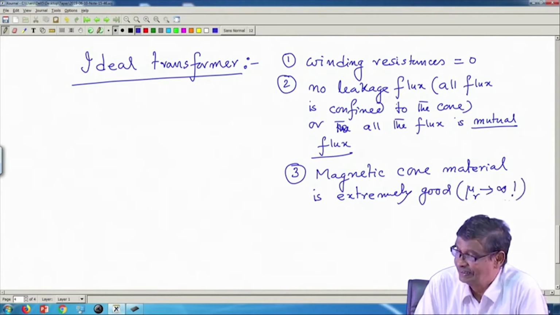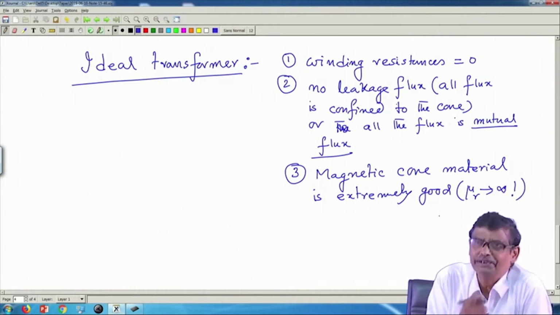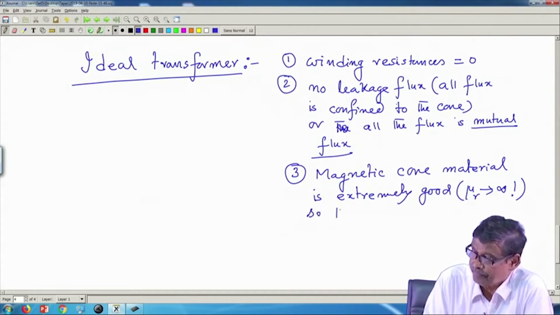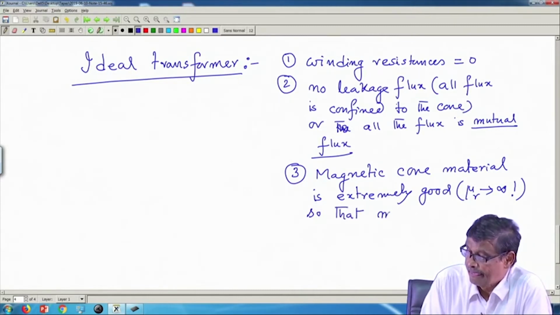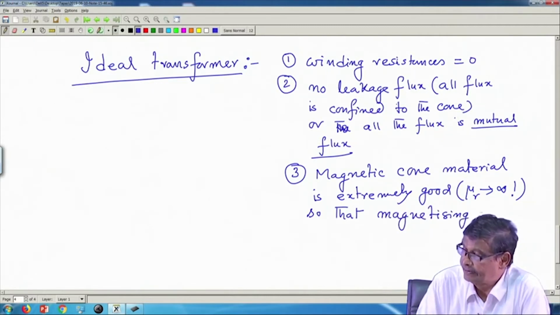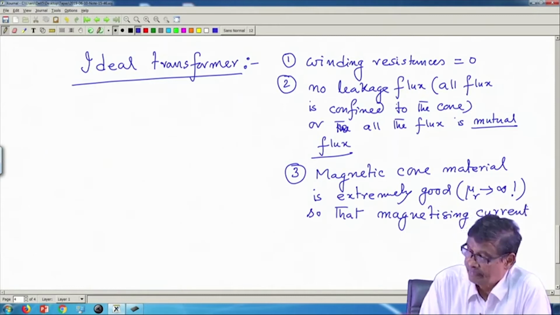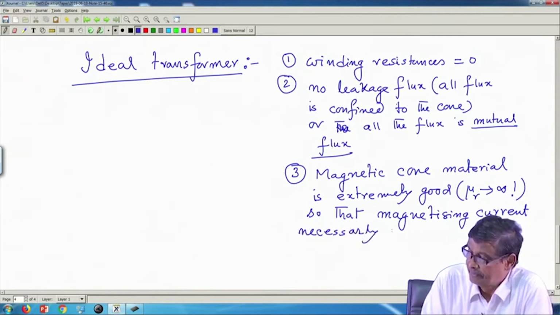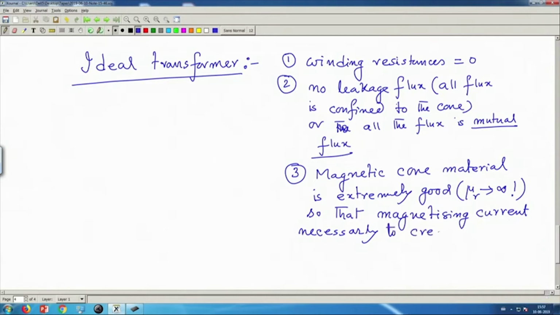I put this mark also here, meaning vanishingly small current, extremely good, so that the magnetizing current necessary to create flux is practically 0. These are the 3 properties.